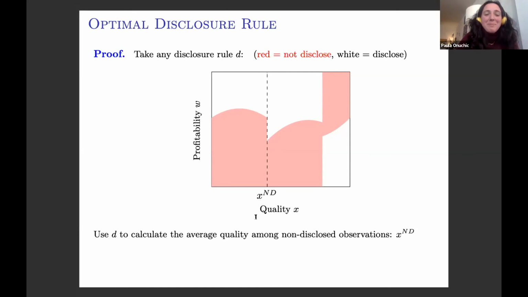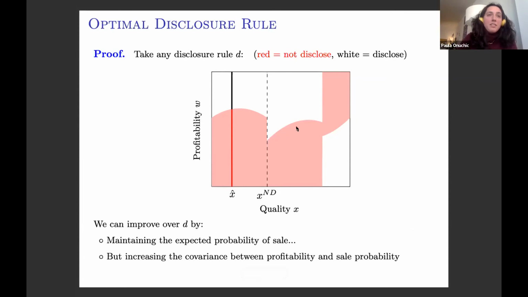Okay, now I'm going to try to argue to you that this disclosure rule that I drew here can be improved upon, in a particular way. Let's take first a certain realization, X hat, that happens to be below the X ND. If I take the situation here, you see that in this particular disclosure rule that I drew, I am not disclosing for low values of the profitability.